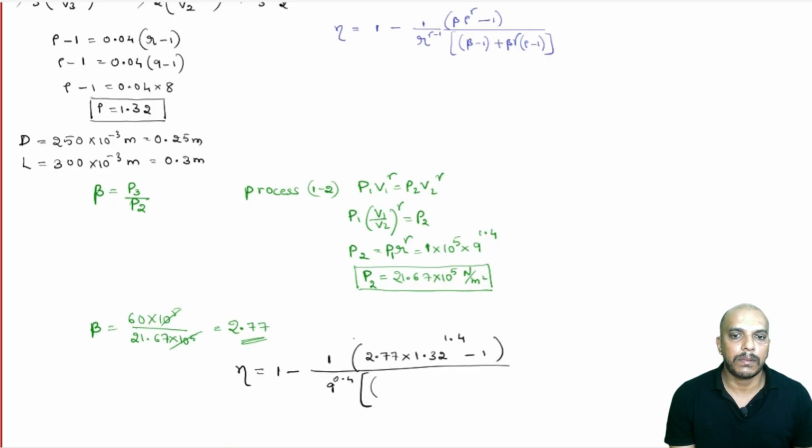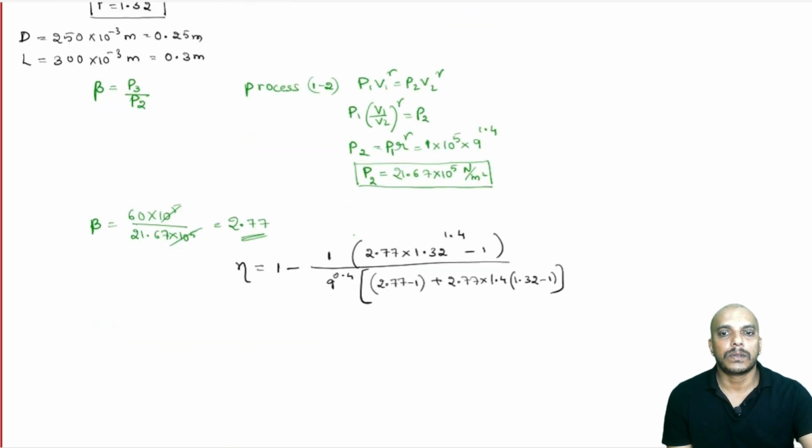This has to be multiplied by beta minus 1, which is 2.77 minus 1, plus beta again, 2.77, into gamma, which is 1.4, into rho minus 1, so 1.32 minus 1.